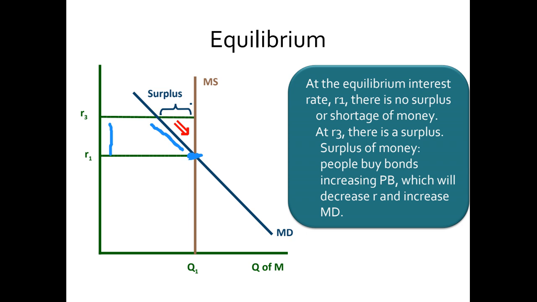At R3, there's a surplus. Whenever we have a surplus of money, people buy bonds because we have more money to buy. Increasing the price of bond, by PB I mean price of bond, will decrease the rate of interest and increase money demand. And this surplus is eliminated.